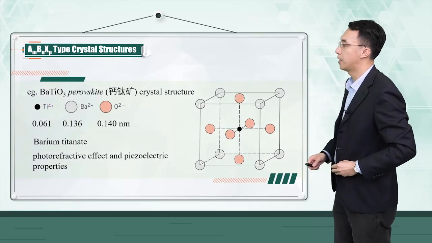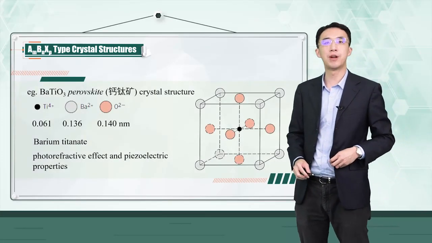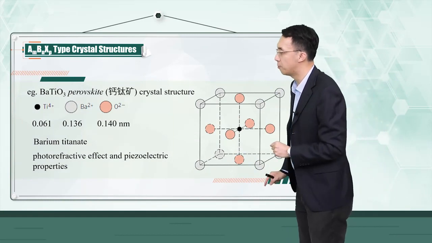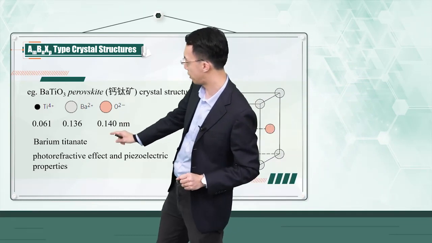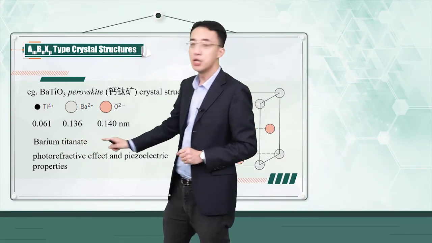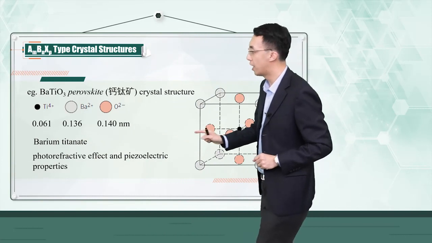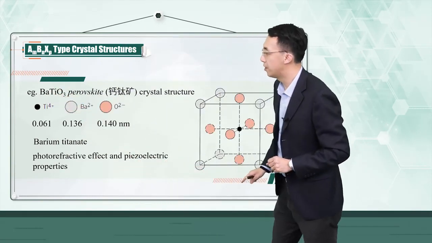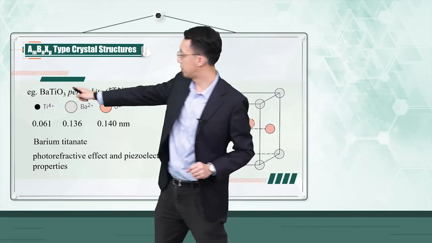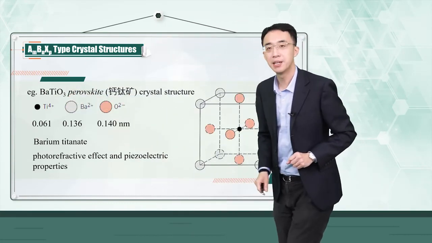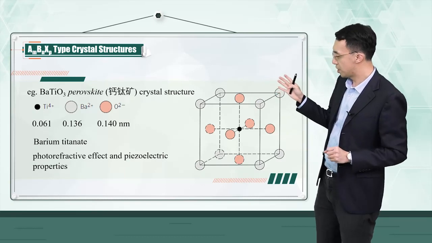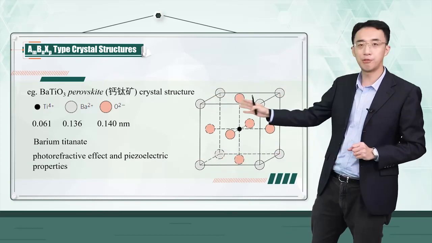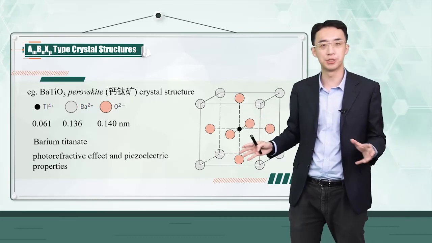In a more complex case, you may have a ternary ceramic crystal, which means you have 3 elements. Usually you will have 2 metal elements. For example, in this so-called barium titanate, you have 2 types of cations, barium and titanium. Okay? And then the only anion is this oxygen ion. So you will have this relatively complex ceramic crystal structure where different ions occupy different positions.